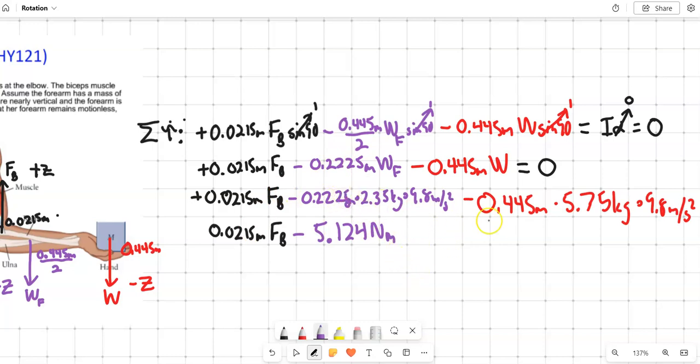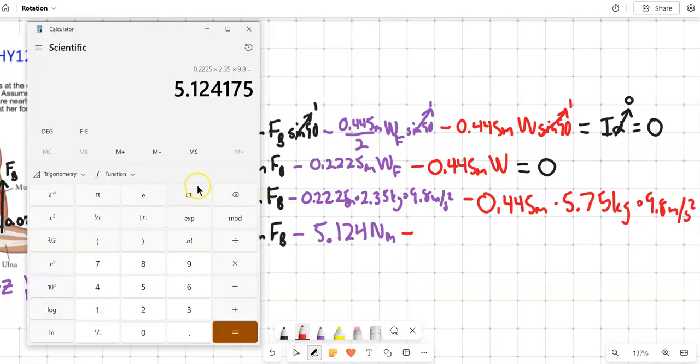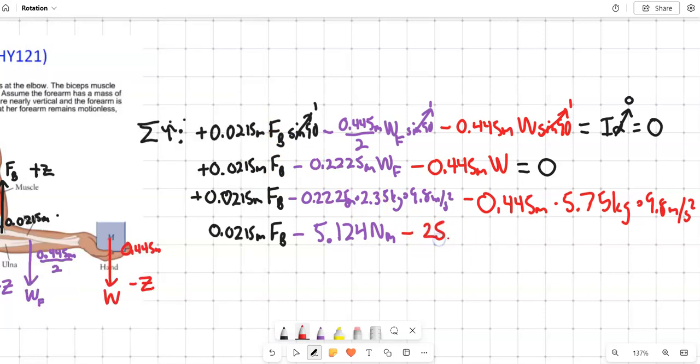All right, let's do the red torque now, which is going to be negative. That is 0.445 times 5.75 times 9.8 equals, a little bit more complex, 25.076 Newton meters.